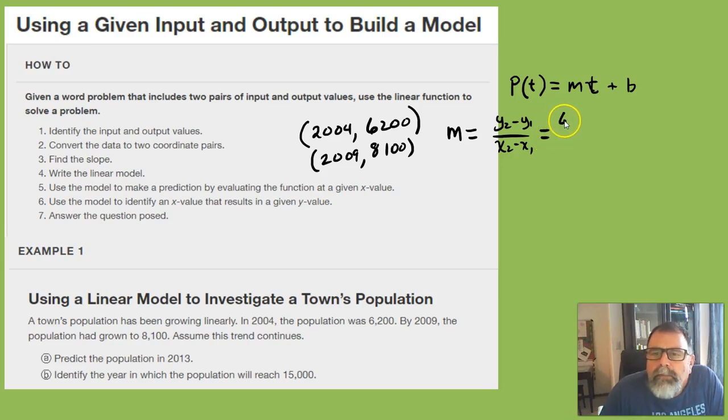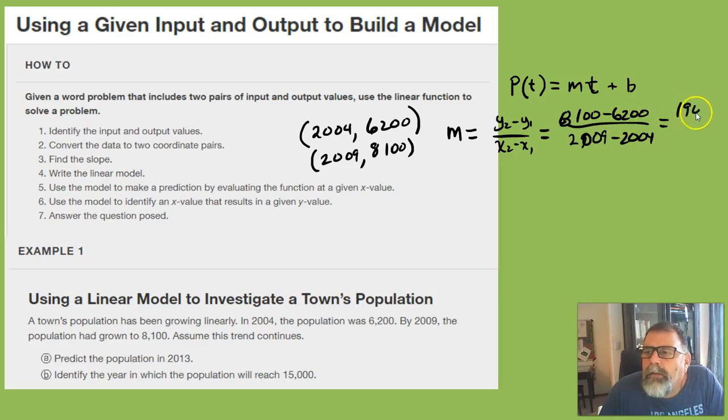So this would be 8,100 minus 6,200 over 2009 minus 2004, which would be 1,900 divided by 5, which gets us 380 people per year. Okay, so that's our slope, or rate of change.